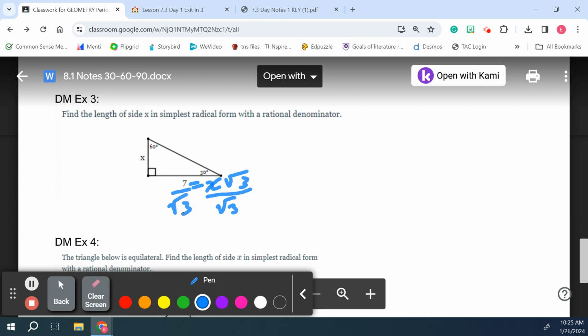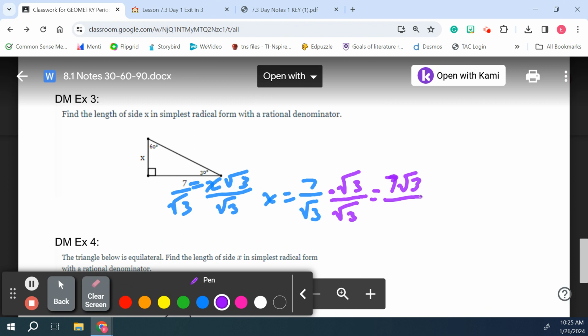This leaves me with 7 over square root 3 equals x. I need to rationalize, which means I'm multiplying by the square root of 3 over the square root of 3. So this ends up being 7 square root 3 over 3 times 3, which is 9. The square root of 9 is 3. So this is our x value.